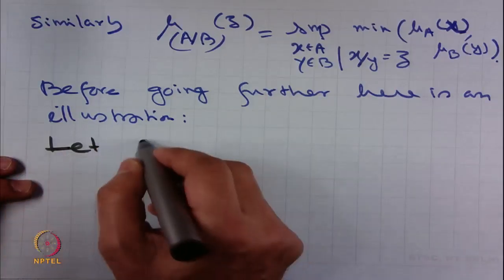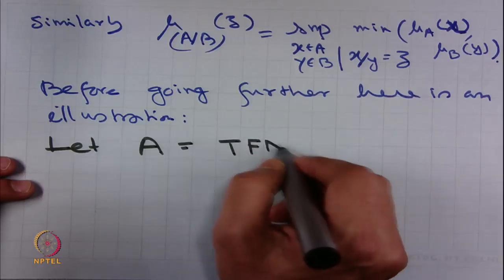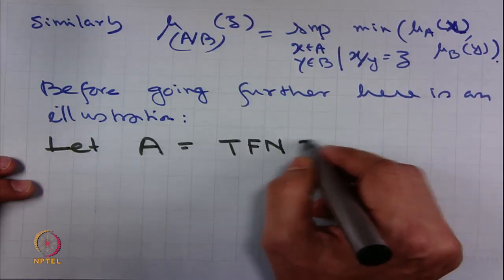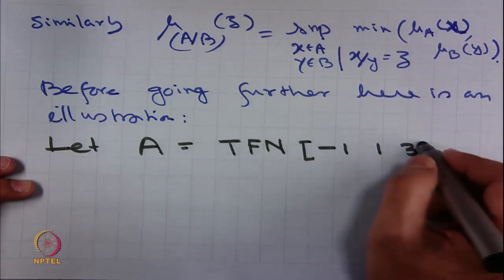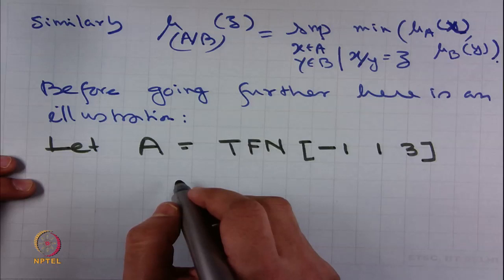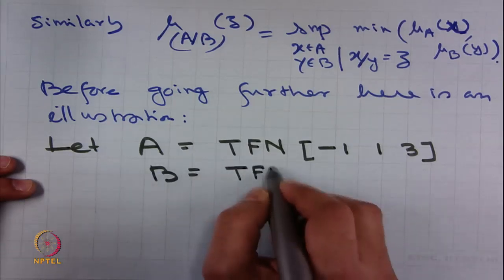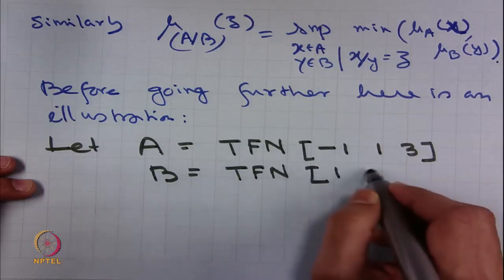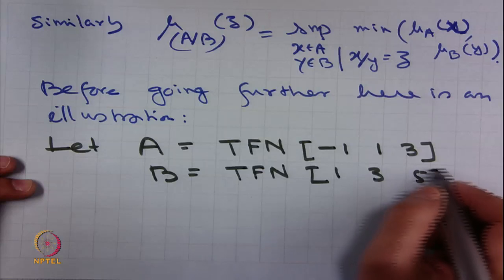Let A equal to TFN minus 1, 1, 3 and B is equal to TFN 1, 3 and 5.